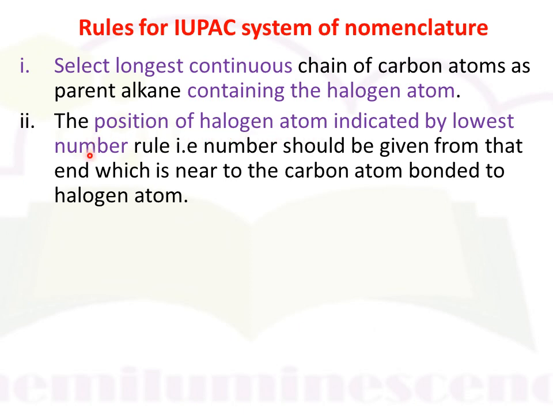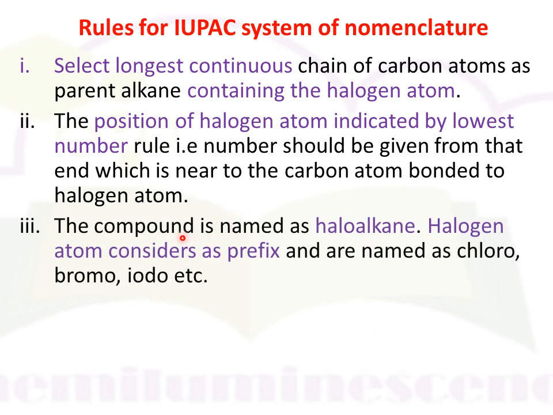That is, the numbering should start from that end which is near to the carbon atom to which the halogen atom is bonded. Next one is that the compound is named as a haloalkane. That is, the name of the halogen atom is written as a prefix, and the name of the alkyl part is written as a suffix.